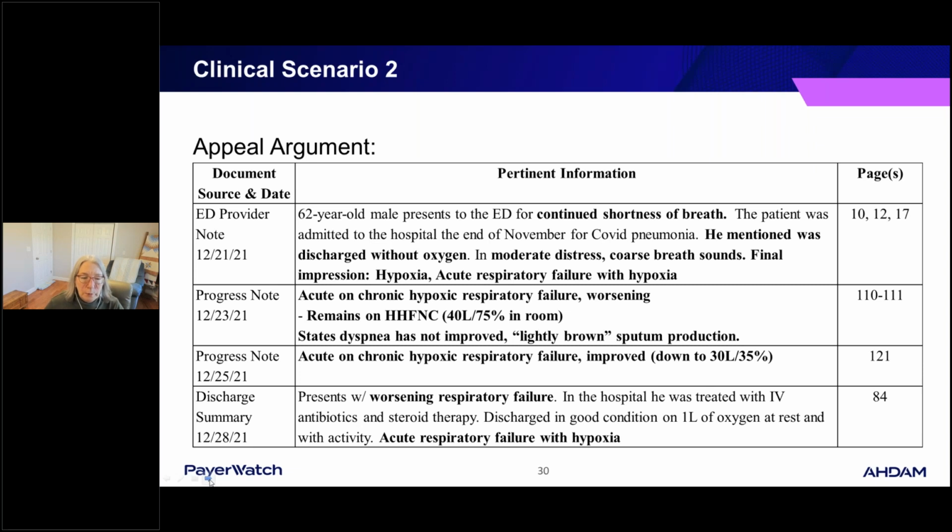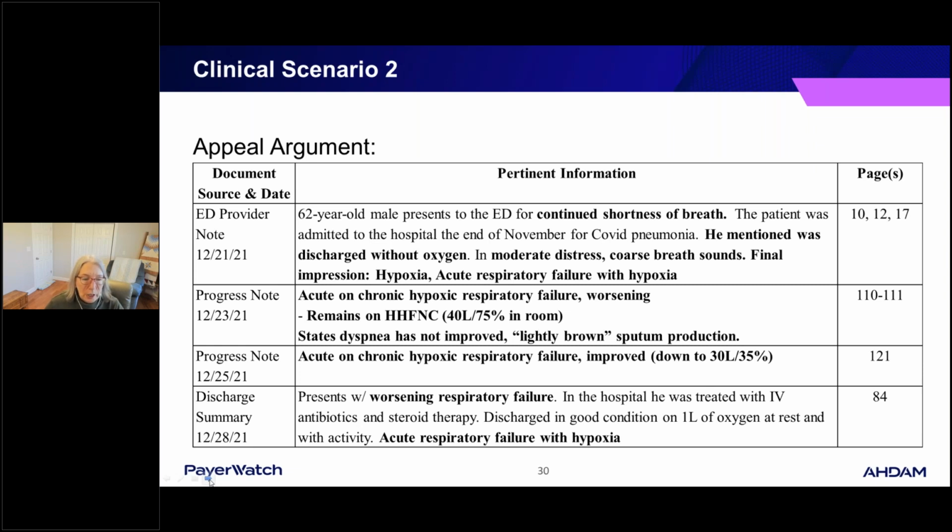So it was a 62-year-old male who came into the ED for continued shortness of breath. He'd been in the hospital for COVID pneumonia. He went home without oxygen. He came back in moderate distress, had coarse breath sounds, and the impression was hypoxia, acute respiratory failure with hypoxia. That was on 12/21.